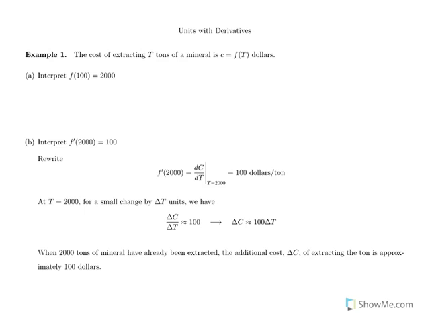So now let's look at units with derivatives, and we'll look at an application problem. The cost of extracting T tons of a mineral is C, capital C, equals f of T dollars.